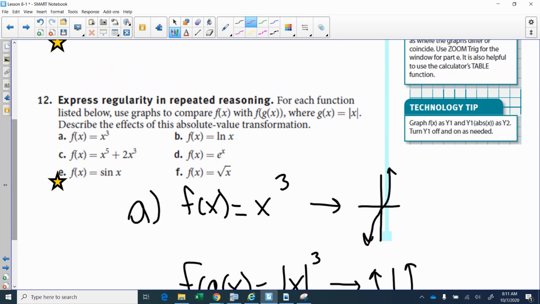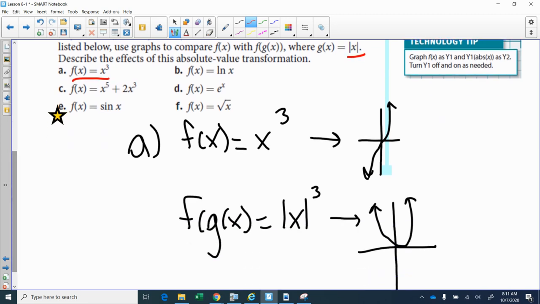So I want you to think about if g of x was the absolute value of x, which in turn, if you think about it, any negative value is going to become positive. And if I were to plug it into this value, what's going to actually happen with the graph? Well, f of x equals x cubed is going to look like the graph to its right, where all my negative numbers stay negative and all my positive numbers stay positive.